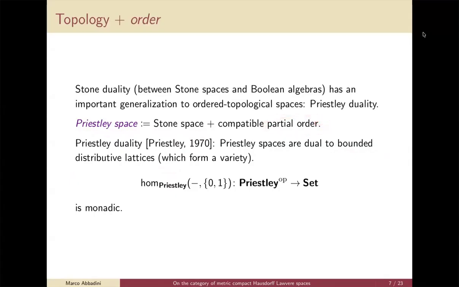And again, here we have a monadic functor from the opposite of the category of Priestley spaces to set, and it's represented by the two-element chain in this case. Okay, so the previous result on Stone spaces generalizes to the ordered topological setting.